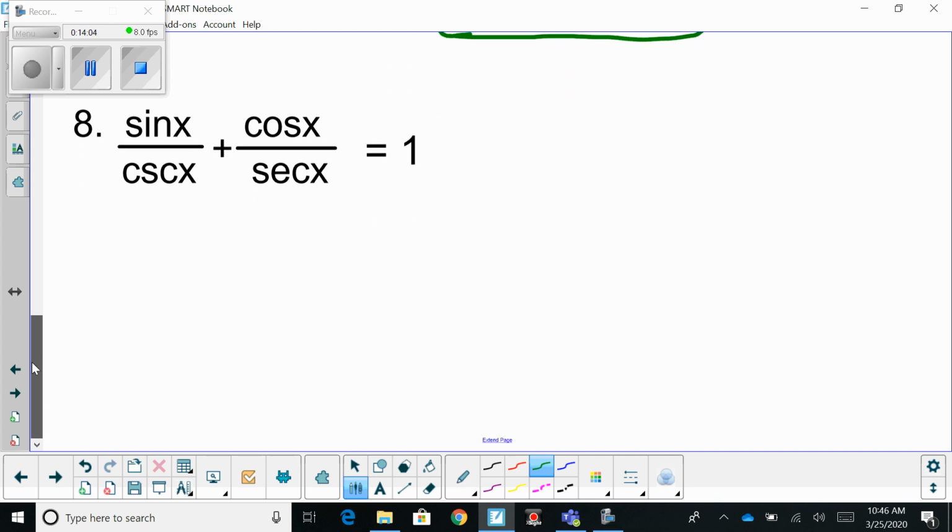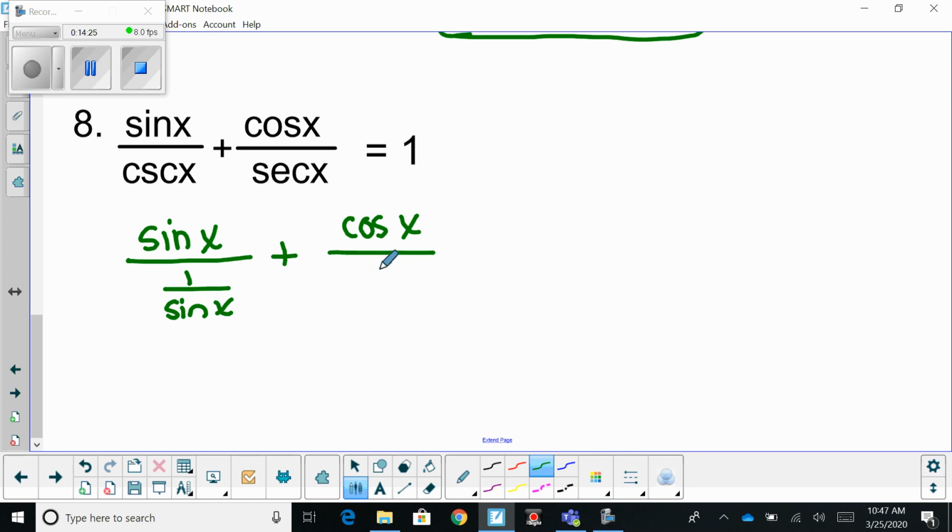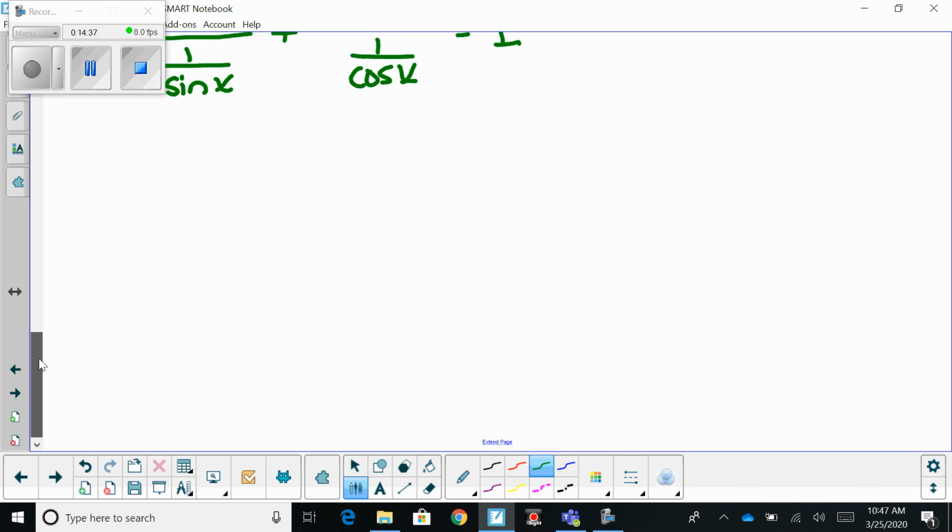All right, number 8. This will be our last one. Obviously, I'm going to start on the left side. So I'm going to switch to sines and cosines. So I've got sine x over 1 over sine x plus cosine x over 1 over cosine x. And then with these, I can keep change and flip on both of them.